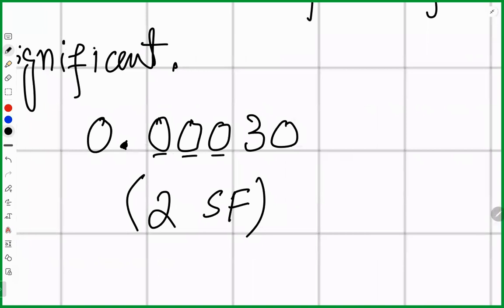They are very important. Yes, they are very important, but they are not significant. Whatever instrument you used, it started to measure something from here and ended up over here. So this is the most significant digit, and this is the least significant digit, and these zeros are not significant.